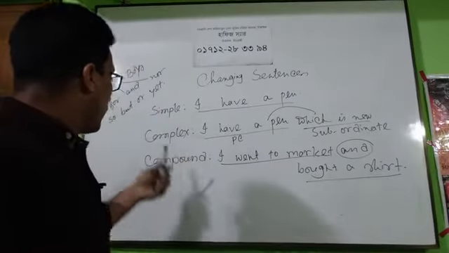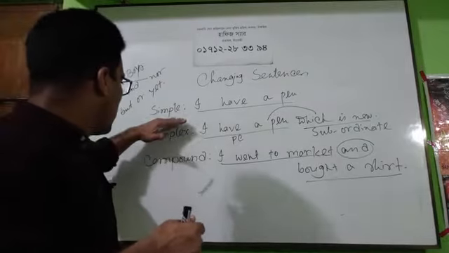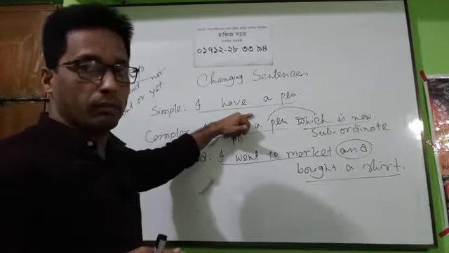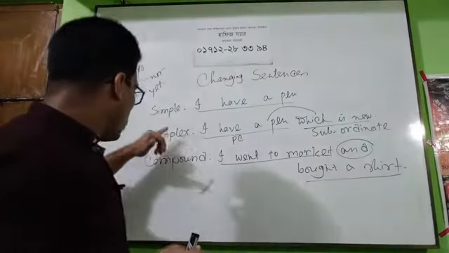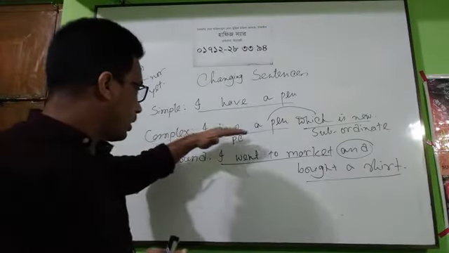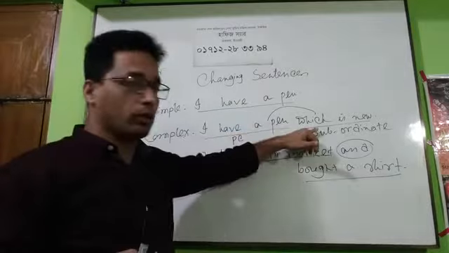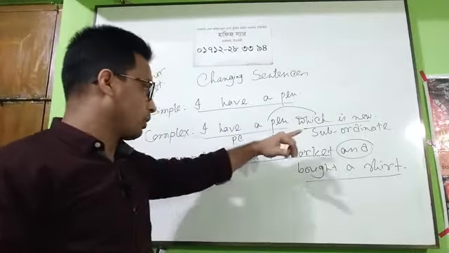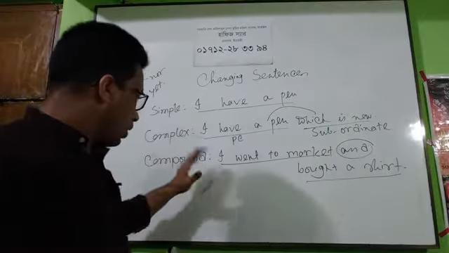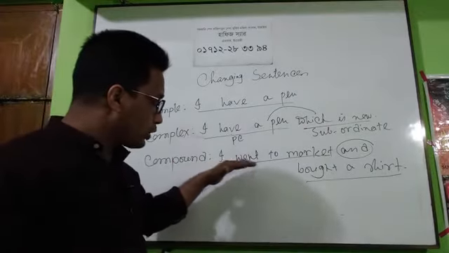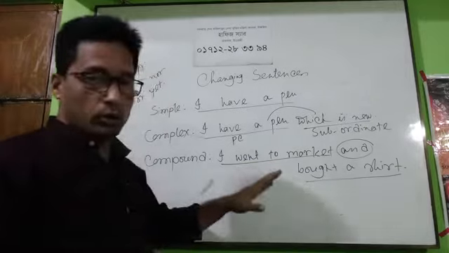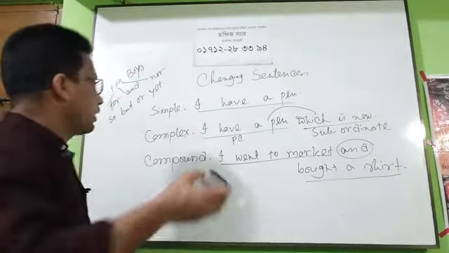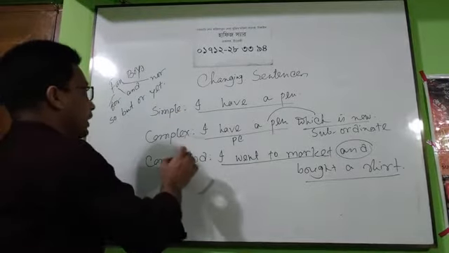And finally, we will again discuss: simple sentence has one subject and one predicate or finite verb. Complex sentence has one principal clause and one subordinate clause. And compound sentence has at least two principal clauses. Okay, and these are the kinds of sentence we can divide: simple, complex, and compound.